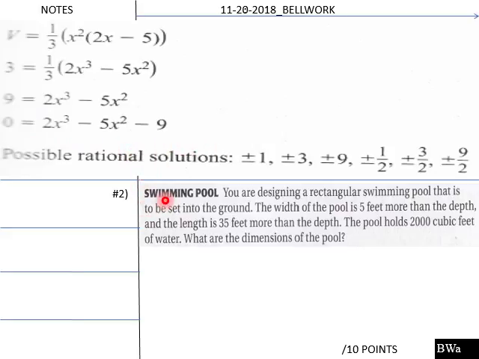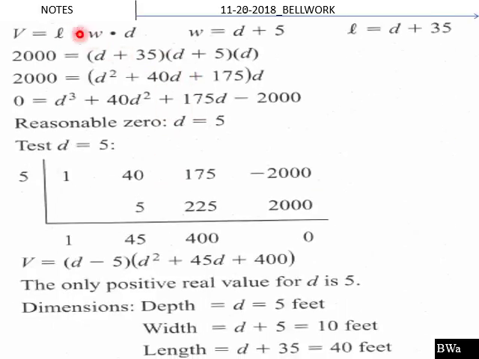And then the swimming pool problem, we have to have a volume formula, and then we do our plug-ins. W is that, length is that, and then we know our volume, which is here, and then we just plug in and go through this, and we come up with a cubic formulation. And then we try a possible zero at 5.